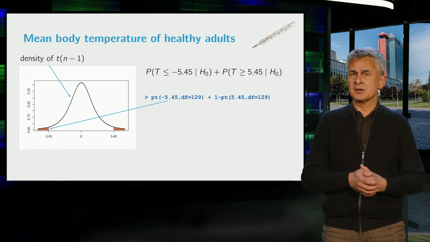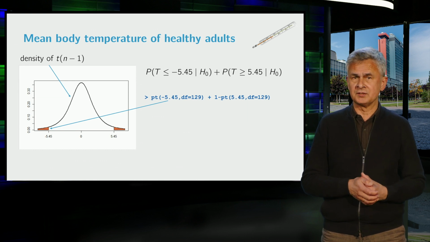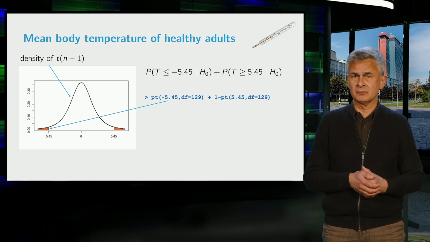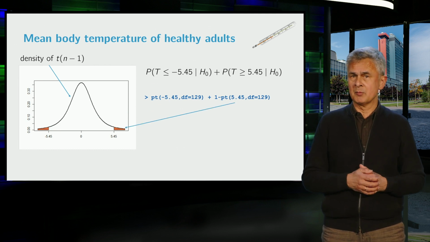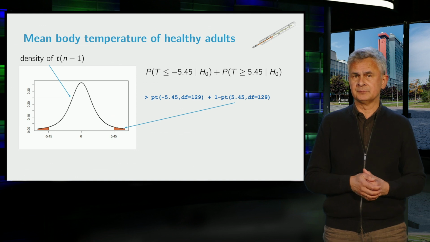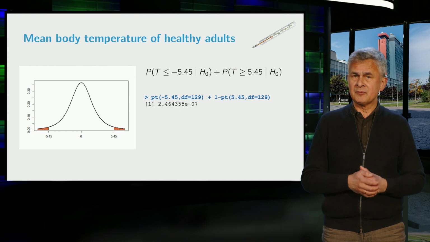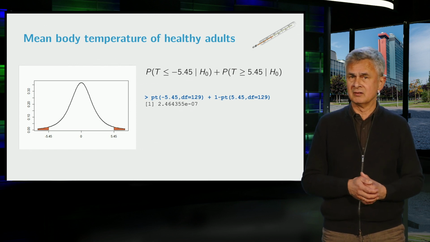Now, using that n-1 equals 129, the first probability can be computed with pt itself, and the second probability with 1 minus pt. Running this R command, we find that the p-value is 2.5 times 10 to the power minus 7.